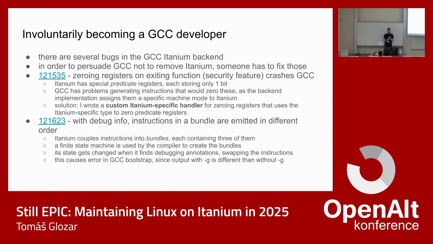And in the compiler, there is a finite state machine that creates those bundles, and it falls over on some debugging annotations, and it generates the instructions swapped. The semantics of the code is the same. All 3 instructions run in parallel, unless there's a barrier inside them. But GCC treats this as a bug, and GCC bootstrap will fail in GCC 15 because of this, because it sees that output with -g, the debug option, is different than without -g, so it fails.